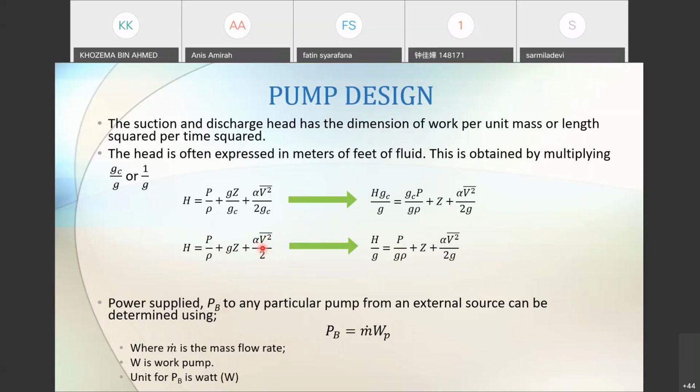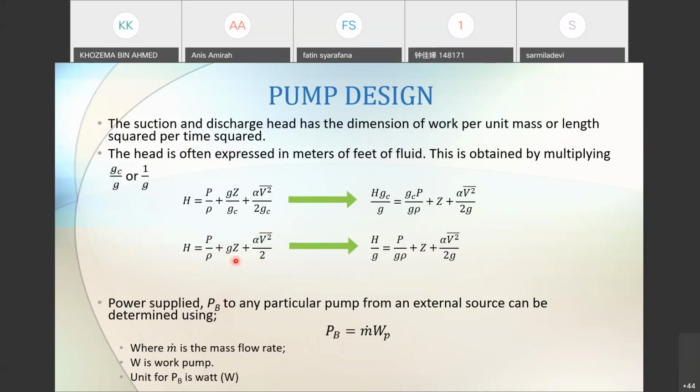Velocity has the unit of meter per second. So if you square the value, you'll get meter squared per second squared, which is length squared per time squared.